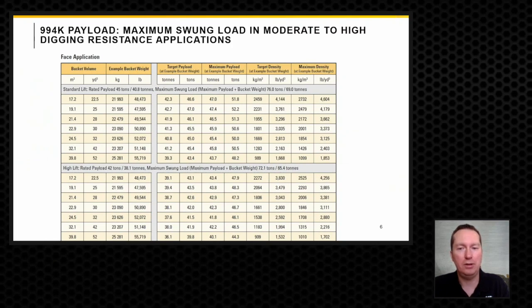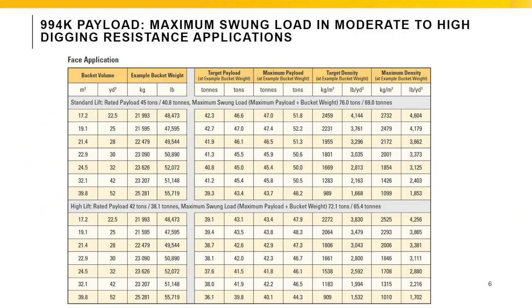So I'm going to show you two different tables. First table here is in what's shortened to the name of a face application. So this is otherwise known as moderate to high digging resistance. We understand that the blast from one mine to another or one quarry to another can vary.